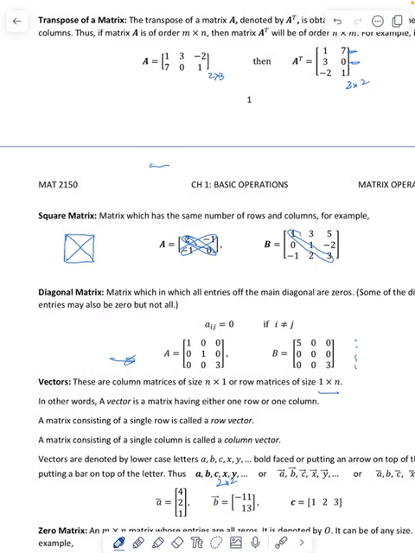In the book they use bold letters, but when we are writing, we use either an arrow or a bar on top of the letter, because it takes up much more time to make a letter bold. So here are some examples of vectors.